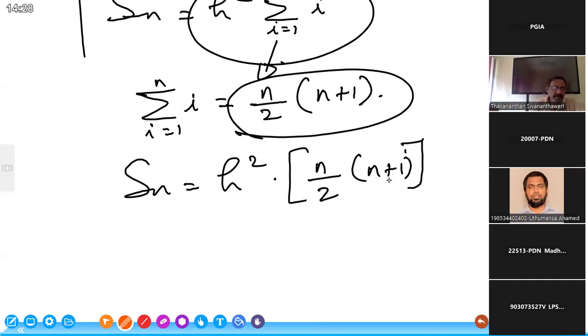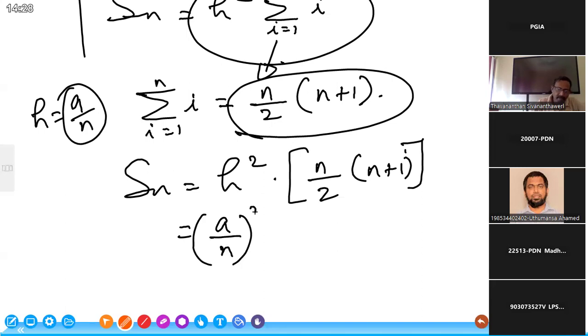right? Okay. Right. Now, it is equal. We can simply multiply further, right? Instead of h, we can write a by n. Could you remember earlier I said h can be given by a by n, right? So when you say h square is a by n, whole thing square, right?